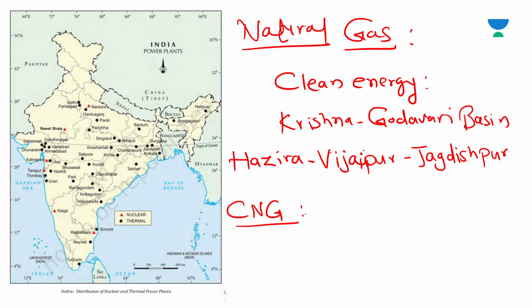As we know, from the last few years CNG fuel cars are in demand and people are showing interest in these vehicles. So there are a number of benefits to using such clean energy fuel vehicles. So we have discussed natural gas.